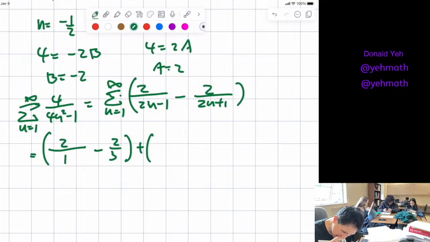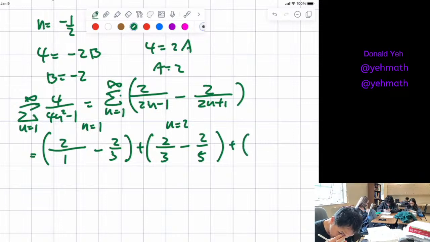Okay, plus, what's the next term? 2 over 3. And then minus 2 over 5. I'll just do one more. n equal to 1, n equal to 2, then n equal to 3. Plus 2 over 5, minus 2 over 7. Is that okay? And dot, dot, dot.